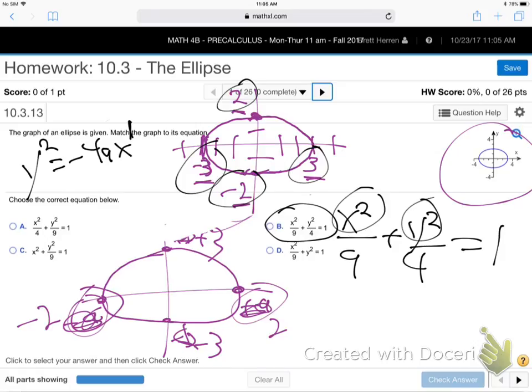X would be first power, y would be second, or vice versa. One letter would be squared, the other would be first power. That's why there's only one branch on a parabola. But for an ellipse, they're both squared, so it's 2 branches that get together to make that egg shape. Okay, so that's how you recognize them on the test. Okay, let's keep moving.